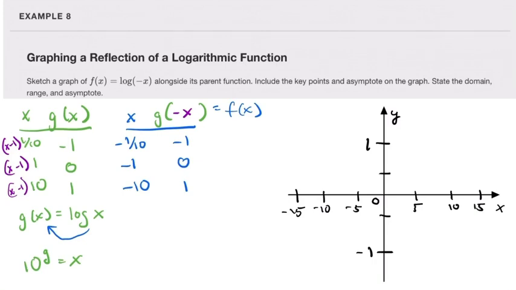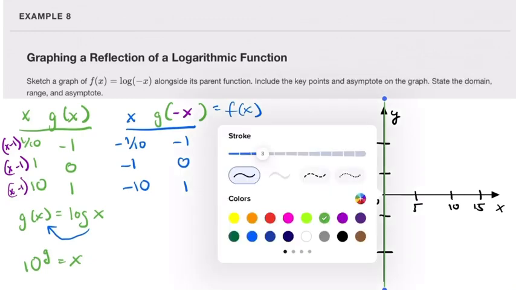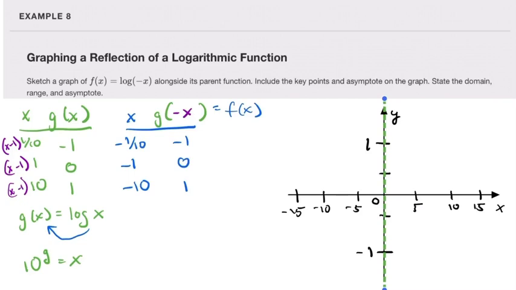Okay. So the original, I think they both have the same vertical asymptote, which is the y-axis. So when we're slightly to the right of the y-axis, y, or g, is -1.